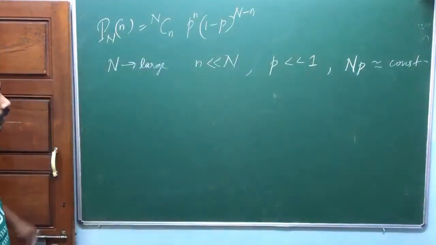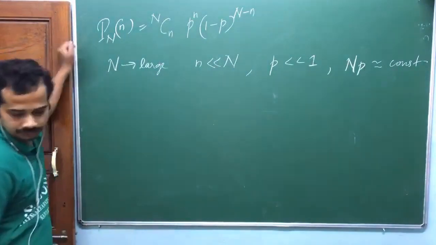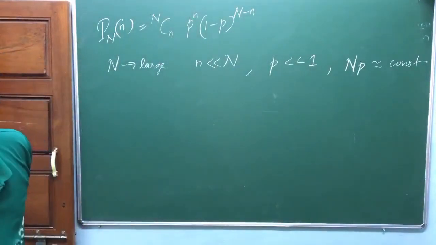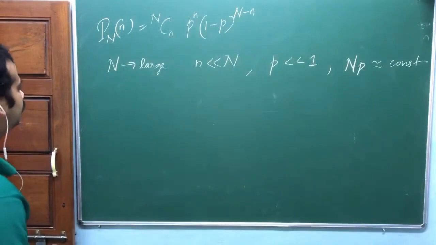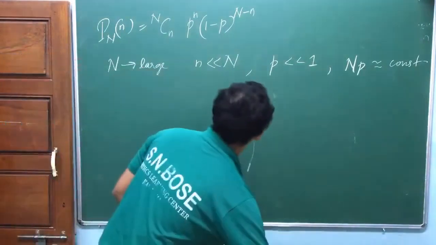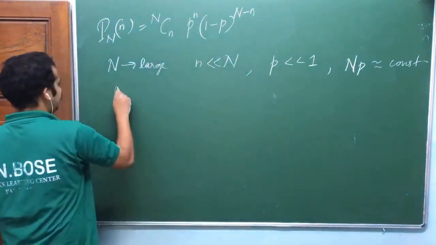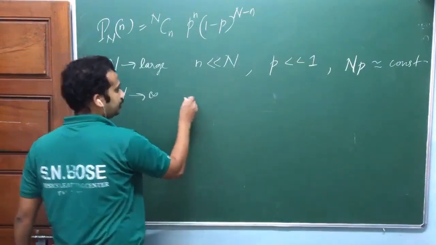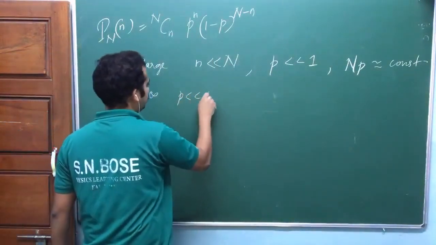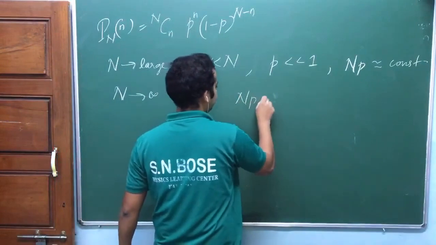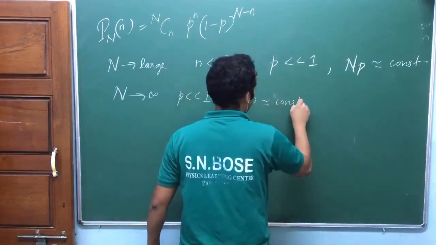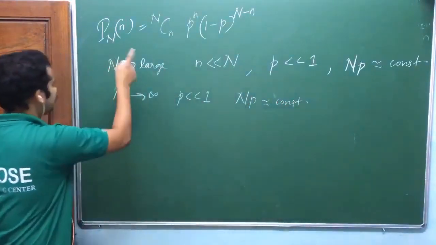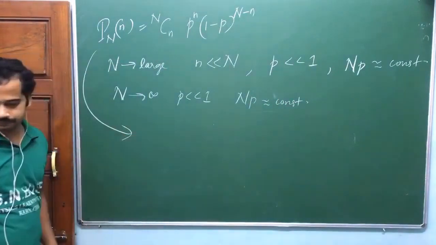In the limit of N tending to infinity, p is very much less than 1, but N into p we maintain as constant.